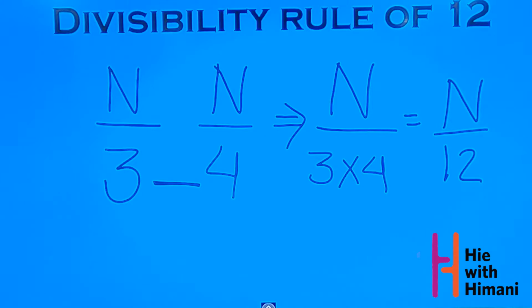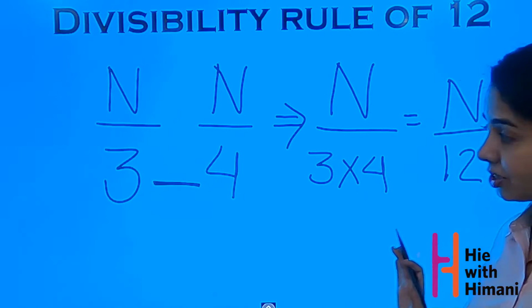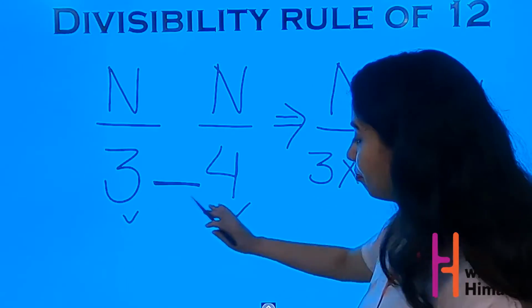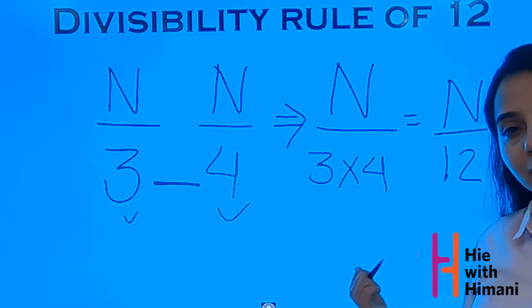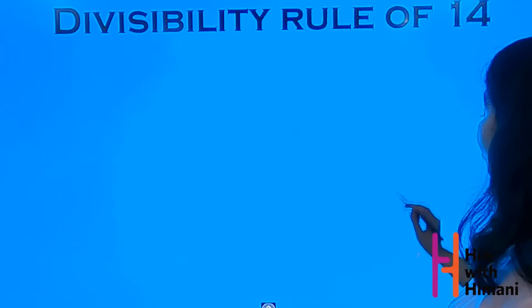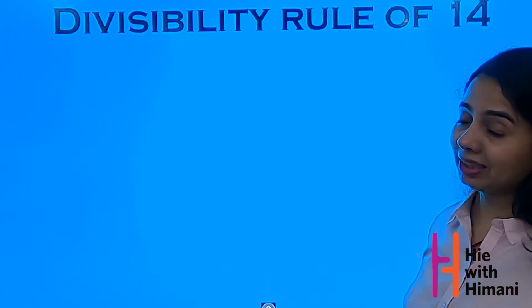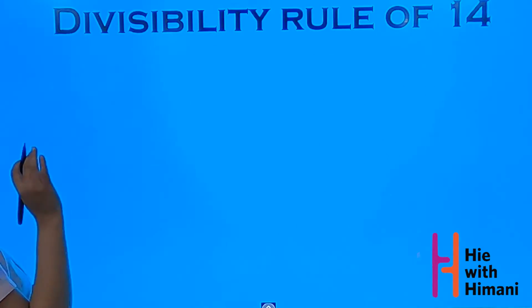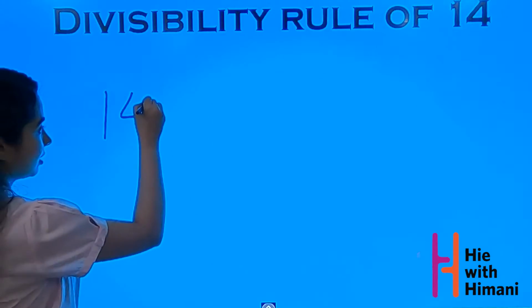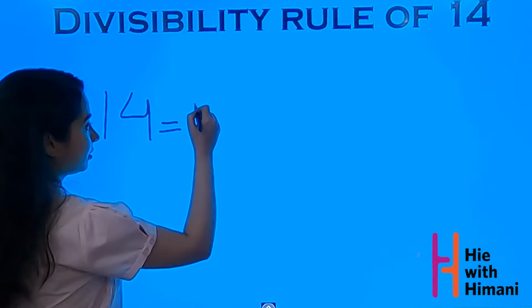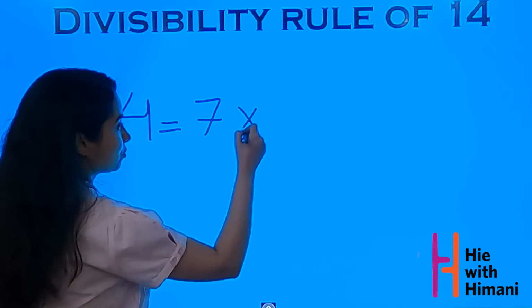So this is the divisibility rule of 12. In this, we just have to check whether the number is divisible by both 3 and 4. Then it will be divisible by 12. Simple. Now, divisibility rule of 14. Here also, we will apply the same logic. We have to find two factors for 14 that are co-primes to each other. 7 twos are 14.